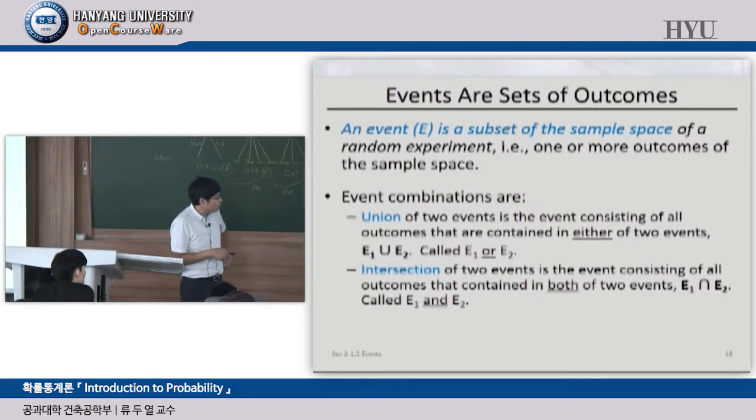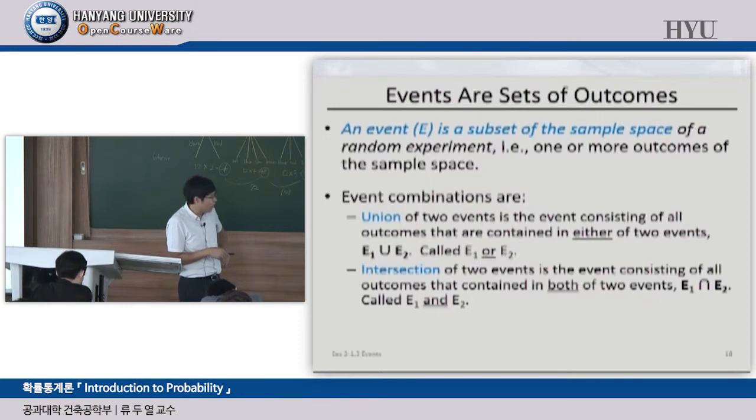And the intersection of two events is the event consisting of all outcomes that contained in both of two events. And this can be expressed by this equation. This is the intersection of E1 and E2. And this is called E1 and E2. So the union is or, and intersection is and.